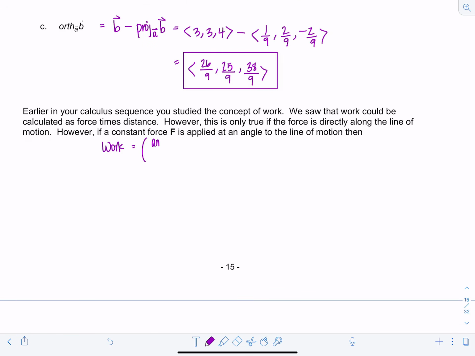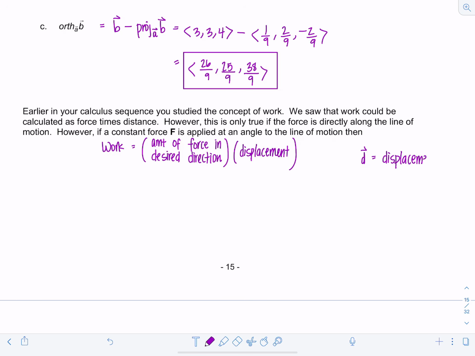So the work is going to equal the amount of force that's being applied in the desired direction times the displacement, right? And now that we know vectors, we can refer to D as our displacement vector. And then F is also our force vector.